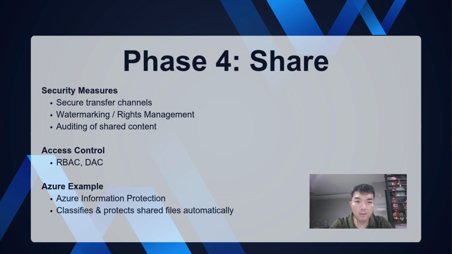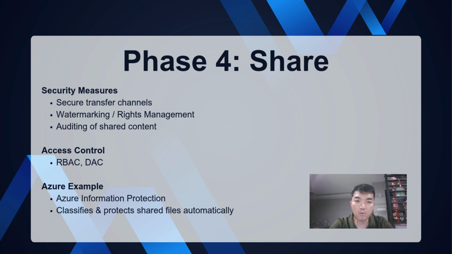Next is phase four, share. Sharing data poses security risks, particularly in collaboration with external parties. Measures involve encrypted transfer, auditing share logs, and applying watermarks or digital rights management to track usage. Restriction on the sharing method is also very important, such as private channels to minimize leakage.